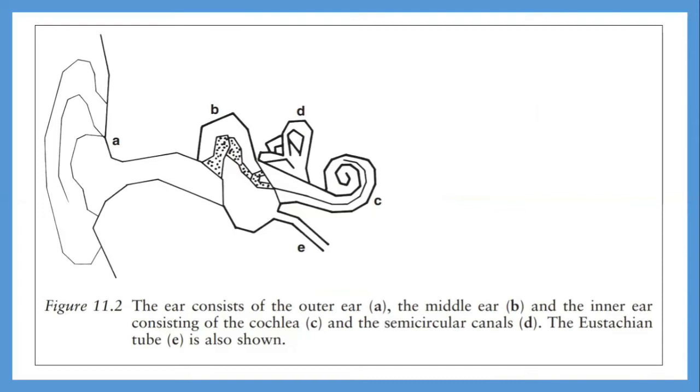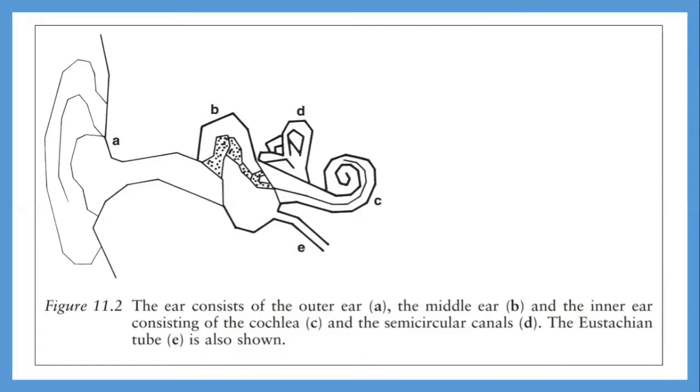It consists of the outer ear, which is indicated as letter A in the figure, the middle ear, which is indicated as letter B, the inner ear consisting of the cochlea, which is indicated as letter C, the semicircular canal, which is indicated as letter D, and finally, the eustachian tube, which is indicated as letter E.